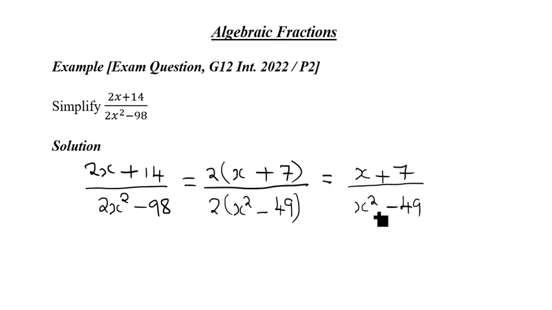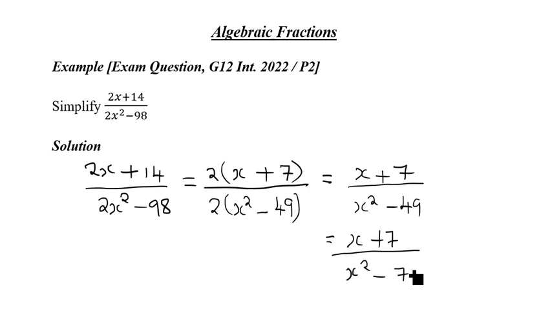Remember last time we looked at difference of two squares. So we can still write this 49 as a square of 7, because when you multiply 7 by itself 2 times, you are going to have 49. So we can write x plus 7 over, and we are now going to express the denominator as a difference of two squares.